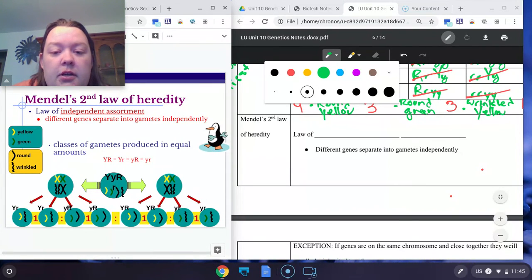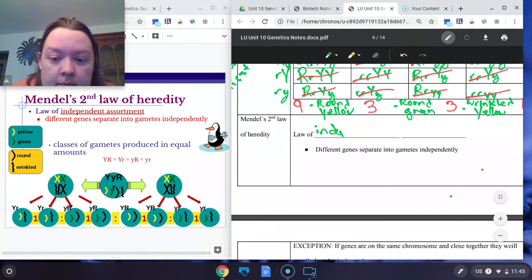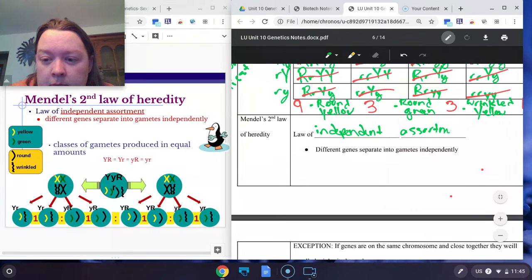Now this is going to bring us back to Mendel's laws of heredity. I think we talked about this one last time, the law of independent assortment. Mendel's law of independent assortment states that different genes are going to separate into different gametes, and they're going to go there independently.